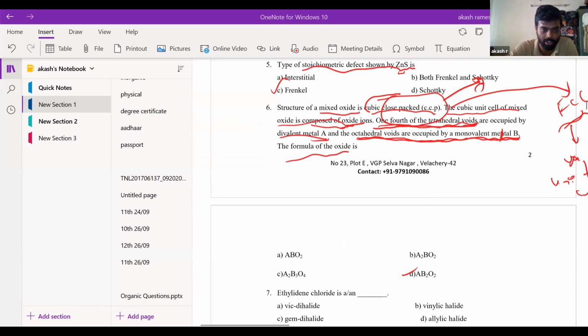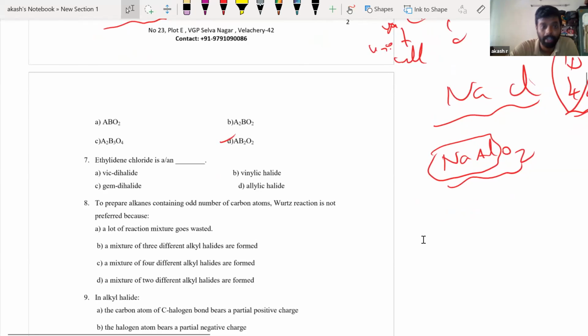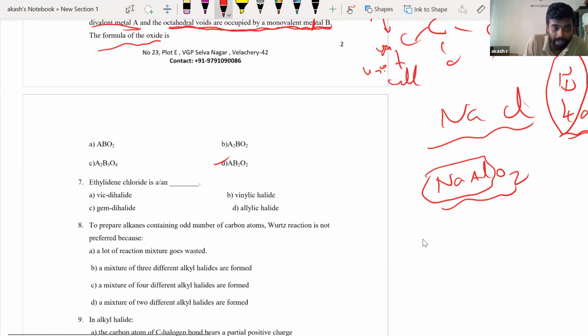Moving on to the next question. Ethylidene chloride is a what? Wait for it. Now they are telling ethylidene chloride, which means I have only one Cl. Remember this.